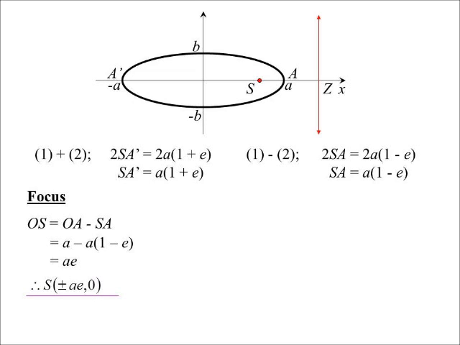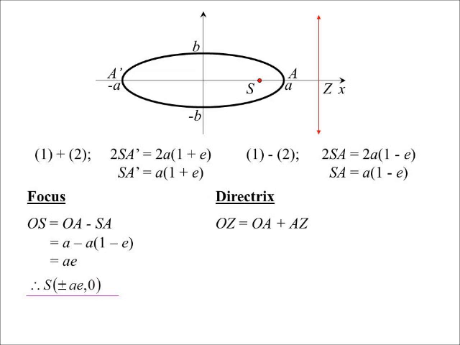Now, you don't have to derive this every single time. I'm just showing you where it comes from here. So the focus is simply AE. Whatever the vertex is times the eccentricity. And as I said, there are actually two foci, and they are symmetric. So the other one would be (-AE, 0).